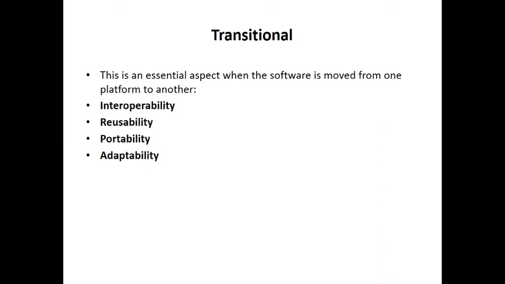Okay, so interoperability. Reusability is, say I have given an example of a login page, you have developed it once, so you can reuse it in some other software. Why develop that component again and again which is already built up? That would be simply wastage of resources and time, right? So reusable components must be there.